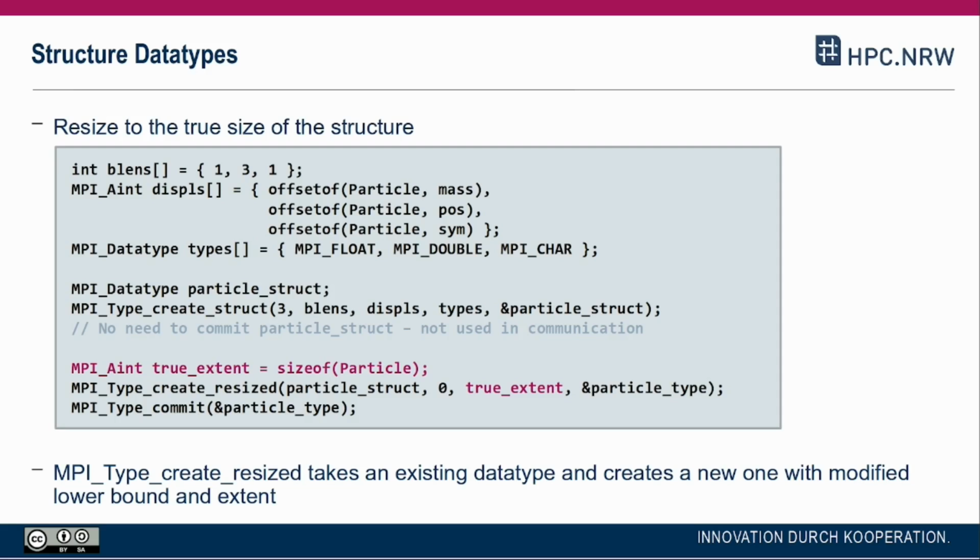The built-in size of the particle will tell you the padding at the end, and that is your new true extent, and you just say MPI_Type_create_resized, set the true extent, and then you can send multiple particles at once with this data type, no matter how complex this is inside.